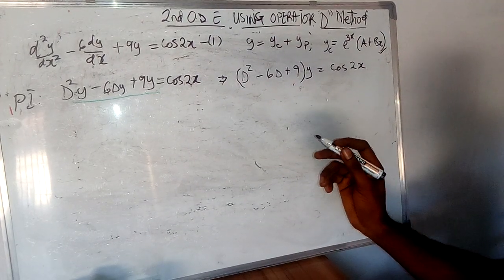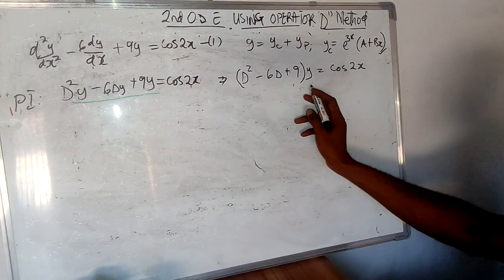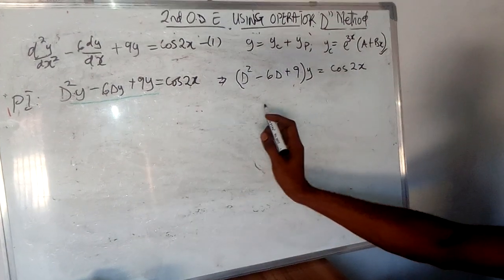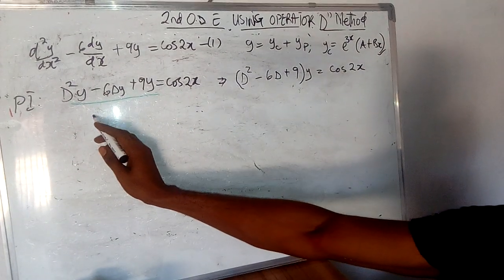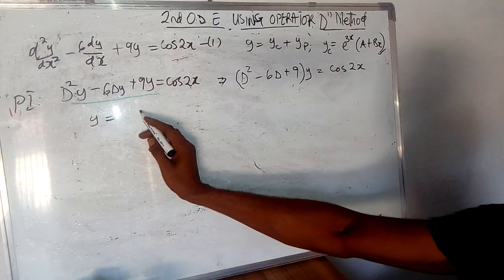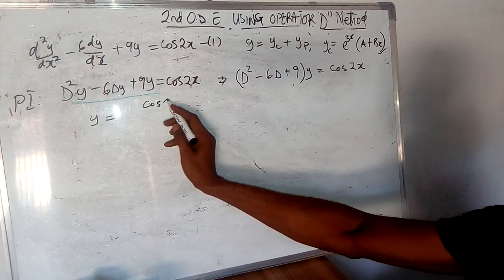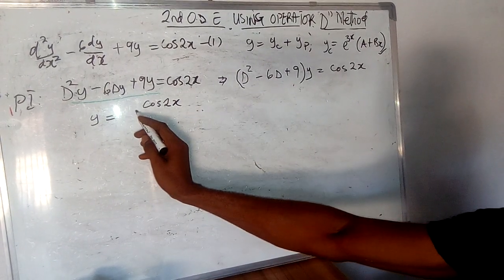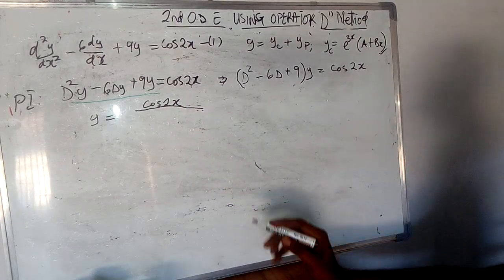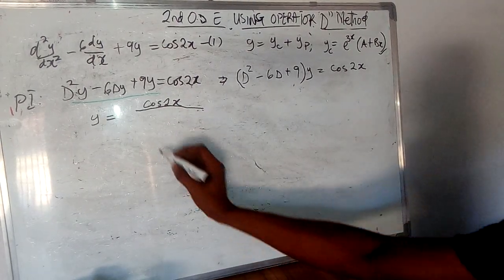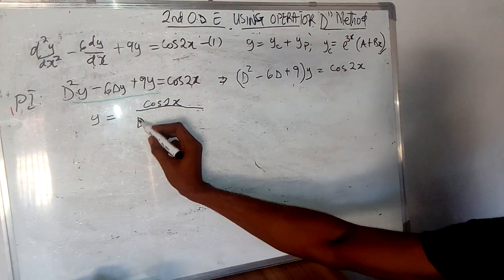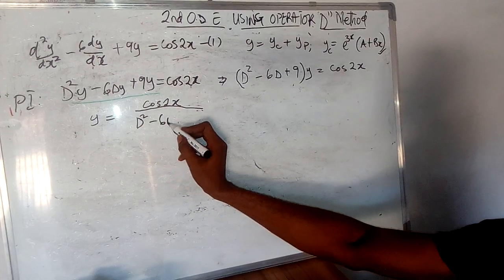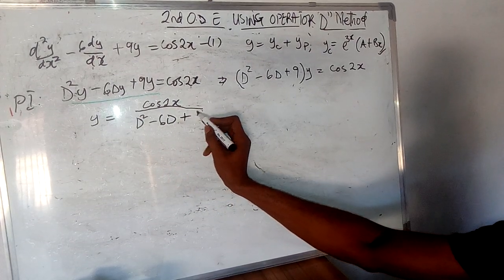Okay? So we make y the subject of the formula. You have that y equals cos 2x divided by D squared minus 6D plus 9.